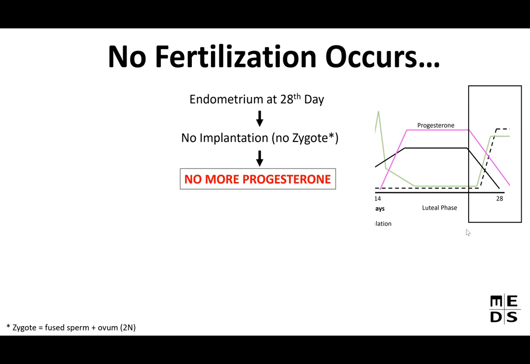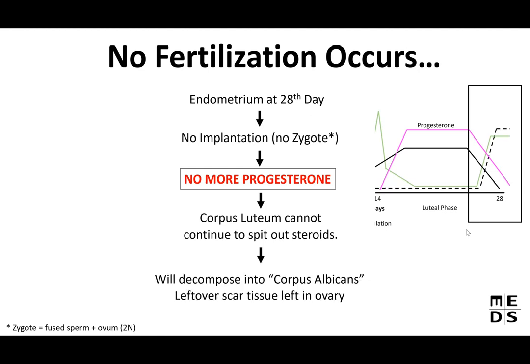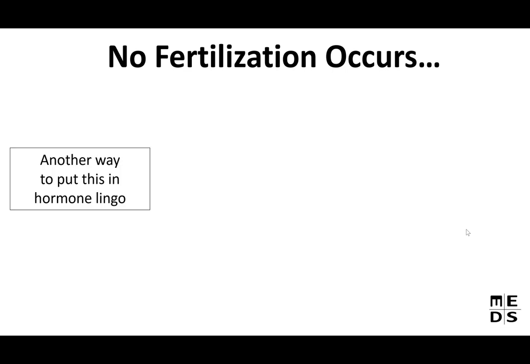After this, it needs something to tell it to keep going, and I'll explain that in a second. But if there's no fertilization, it has no instructions to make more progesterone. So if there's no more progesterone, the corpus luteum cannot spit out steroids. Therefore, it will decompose into the corpus albicans, leftover scar tissue in the ovary. All right, I'm going to explain this another way.